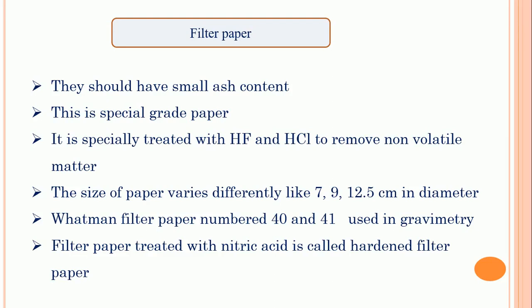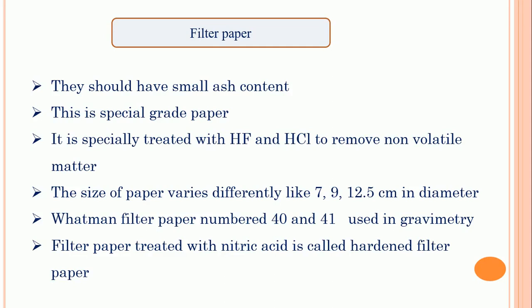Sometimes the precipitates do not satisfy the filtration requirement, then some special filter papers are used, which are totally ashless, and they are called Whatman filter paper. Whatman filter papers are circular in shape and have a very low ash content, and the sizes are again 9 centimeter and 11 centimeter in diameter.